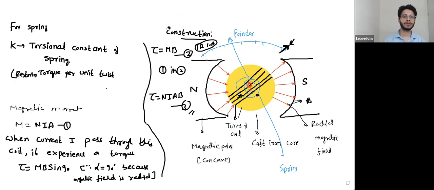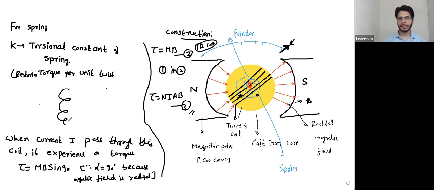See, what happens in a spring is, if you take a spring, say this is your spring, okay? Instead of stretching or compressing this spring, you rotate this spring. What will happen if you take a spring and rotate that spring? As soon as you leave the spring, that spring will come to its original position.